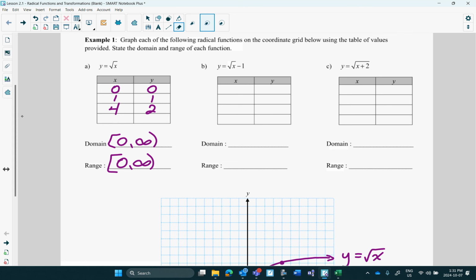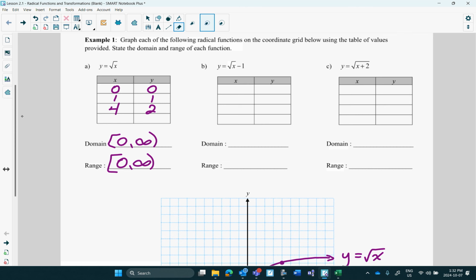Now let's look at radicals that have numbers around them. Notice I put a table of values here, but I'm betting you can tell me how you would graph this one without a table of values. Think of what you learned in Unit 1. Take that graph that we just did, move everything down 1. Good.